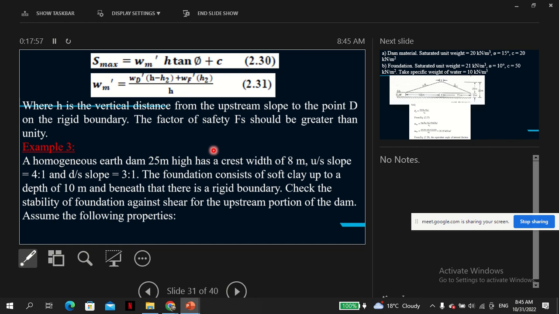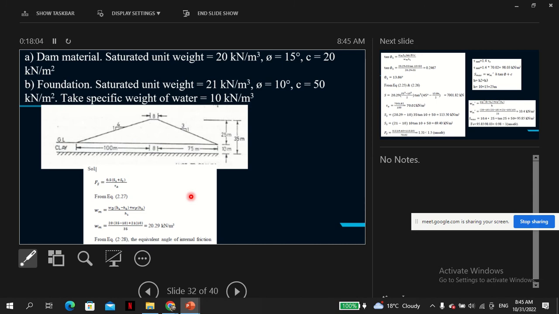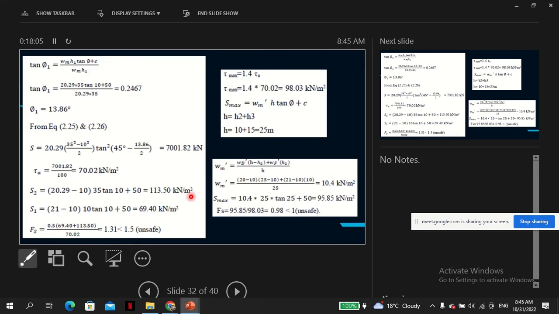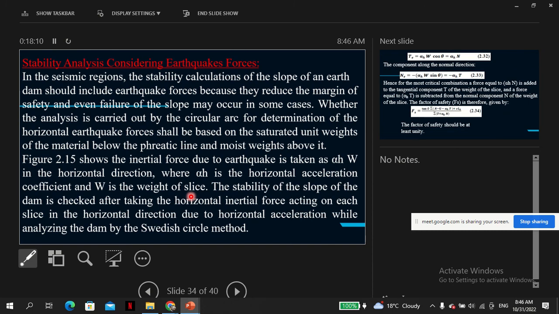Yeah, so some examples there for you, which demonstrate how to use those equations. So you can follow them, and then if you have a problem, you can ask. And now this is the part not very relevant for Kenya, but no, I'm not saying not very relevant. We have minor earthquakes.